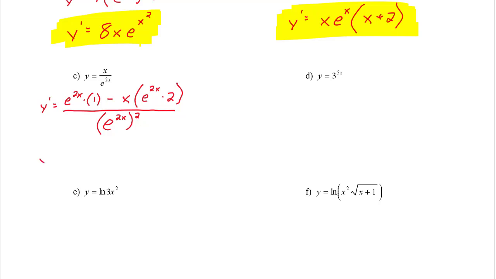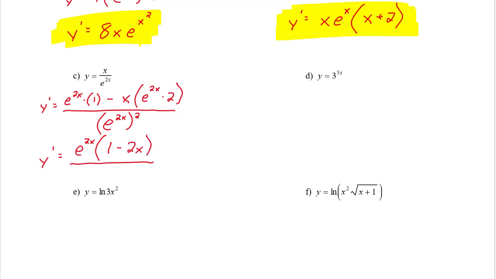Power to a power, remember we would multiply. So if we look at what's on top, it does appear that I have an e to the 2x I could factor out. So let's say that's an e to the 2x in front, and then I have a 1 left on the first term, minus a 2x from the second term.